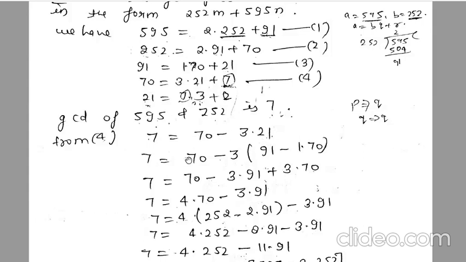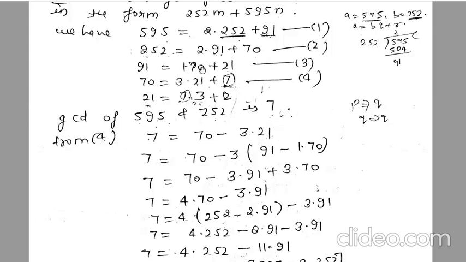Now 7 is equal to 70 minus 3 into 21. You will calculate the remainder value 21 from the third equation. That means we will find the remainder values one by one from the equations. First we calculate 7, then after that 21.